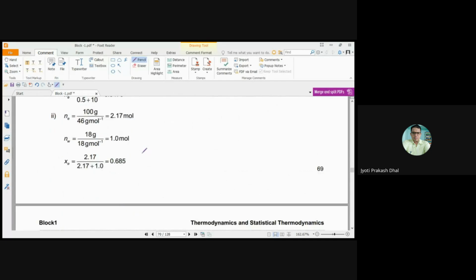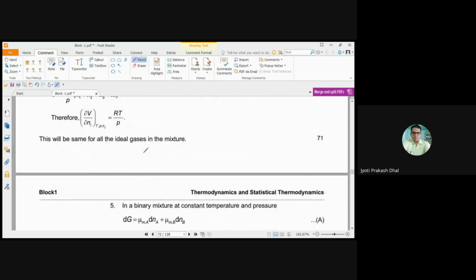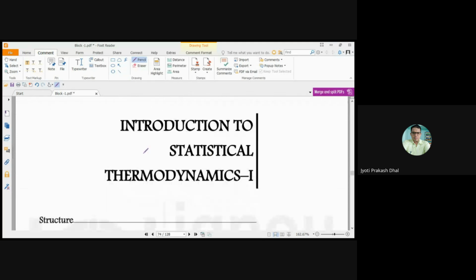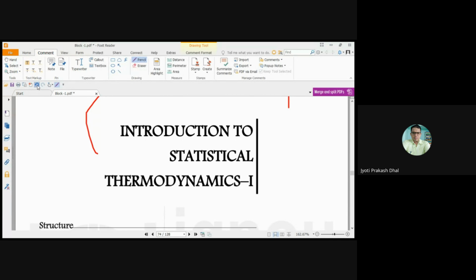Now coming to the next part, the introduction to statistical mechanics. Up to now we have completed the classical general thermodynamic part.